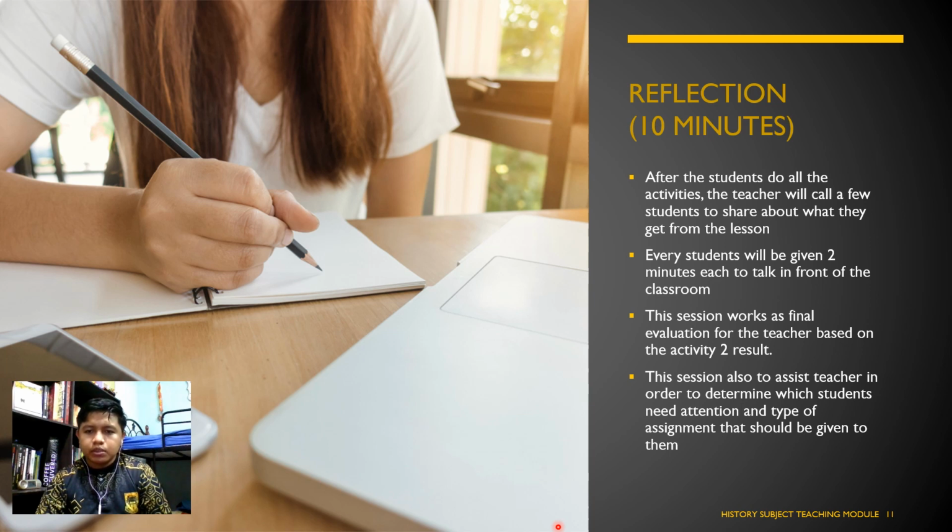So the teacher will call a few students to share what they get from the lesson. Every student picked by the teacher will be given 2 minutes each to talk in front of the classroom. So this session works as a final evaluation for the teacher based on the activity results.